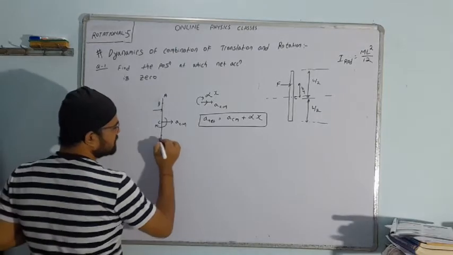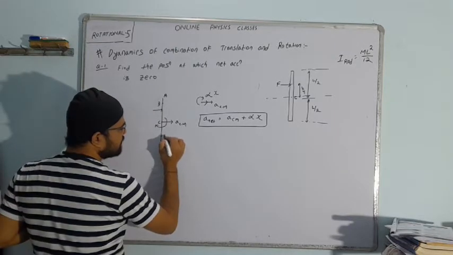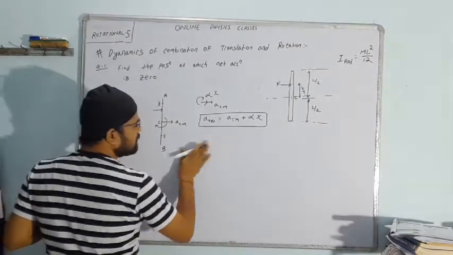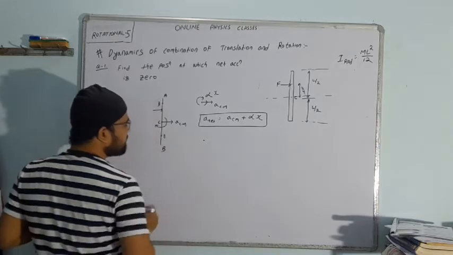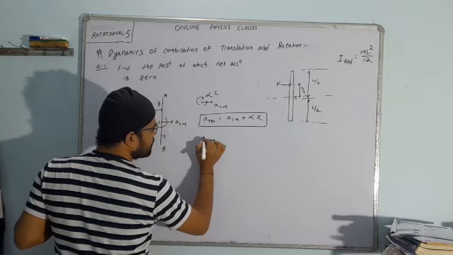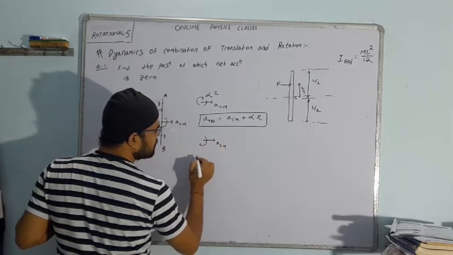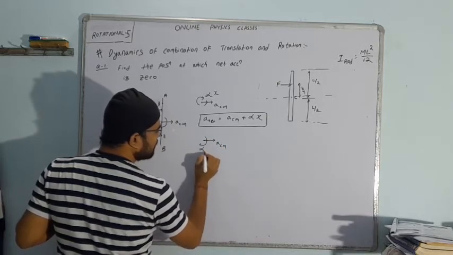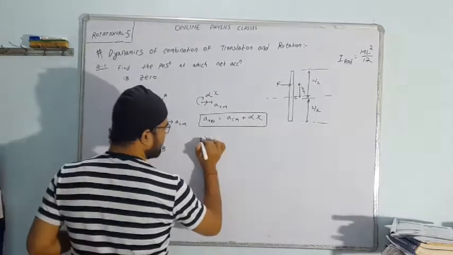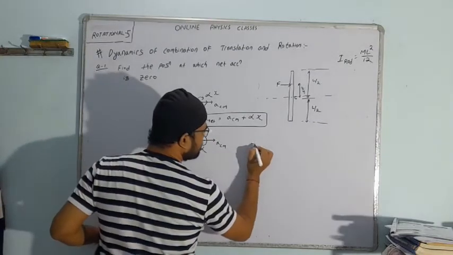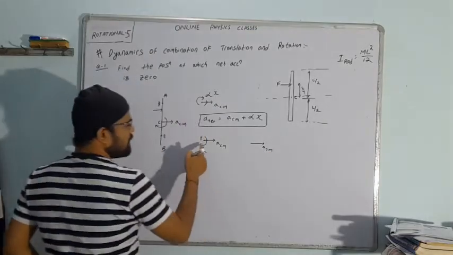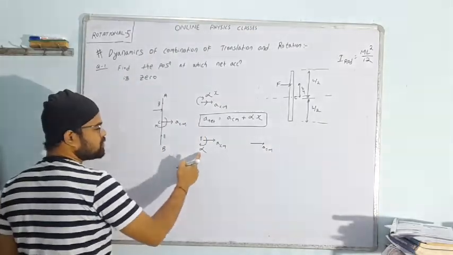Suppose this point is E. Point E has some linear acceleration, that is A_CM, and rotation also occurs, with angular acceleration alpha. So finally we have A_CM plus another acceleration due to rotation.